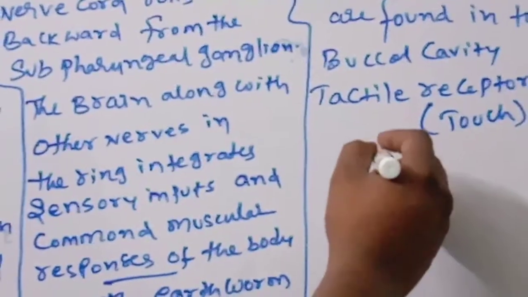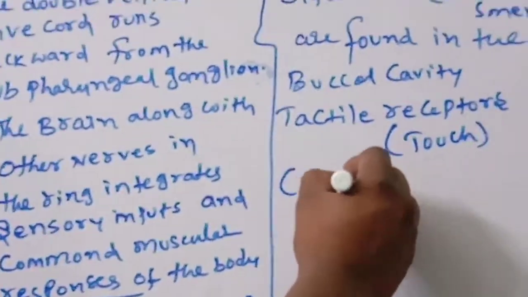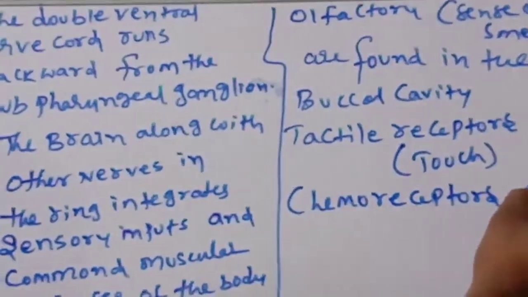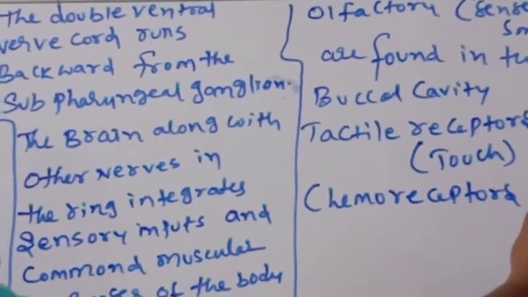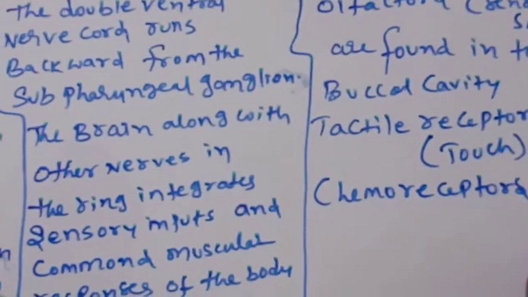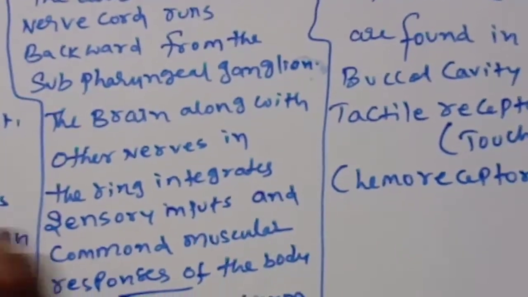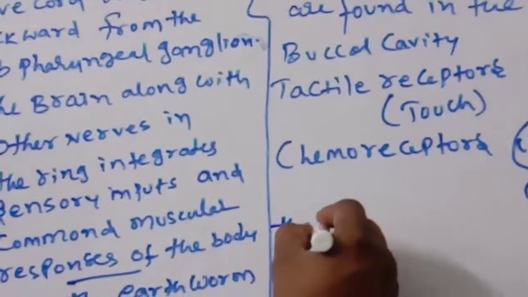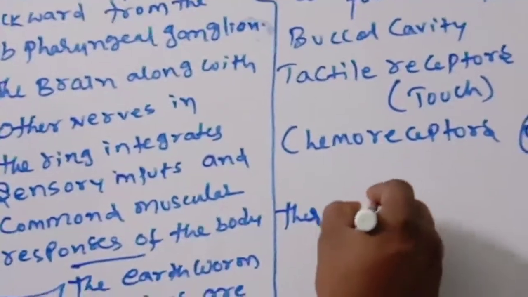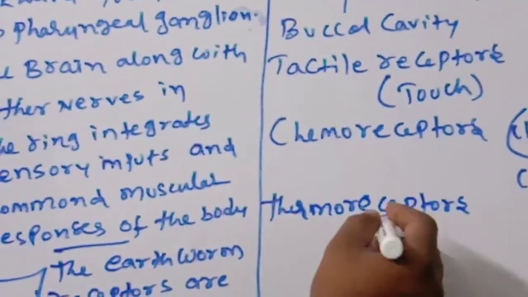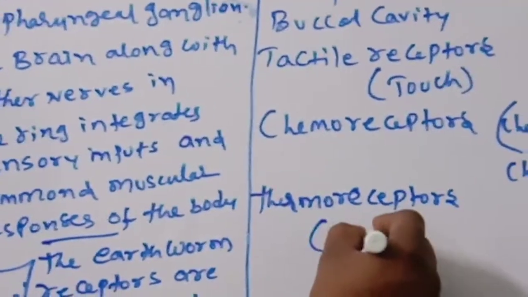Next, chemoreceptors for chemical changes, and thermoreceptors for changes in temperature.